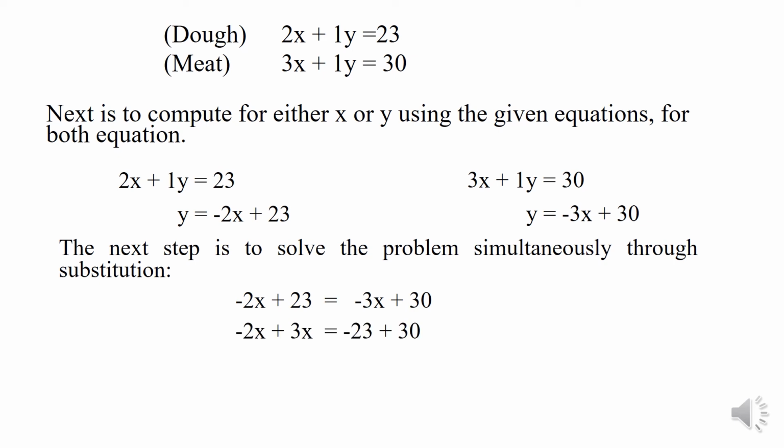Let's transpose the negative 3x to the left side, so we have negative 2x plus 3x is equal to negative 23 plus 30. Hence, x is 7. Using this 7 as our x, we will now solve for the value of y.